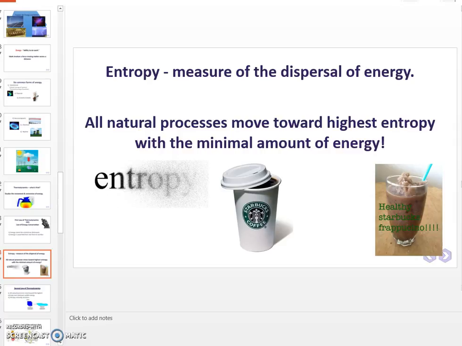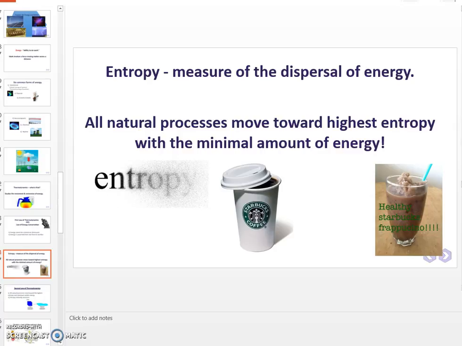You burn gasoline in the car, exhaust comes out. You have molecules that are broken down, which means less order, but you also have less energy in there, because while the exhaust is warm or hot in terms of temperature, that's it. That's all. We can't really use it anymore. Once we've burned the gasoline, that's it. We can't use it anymore.